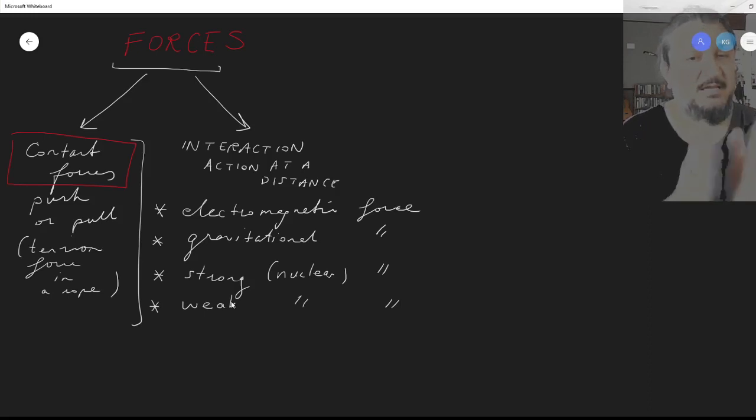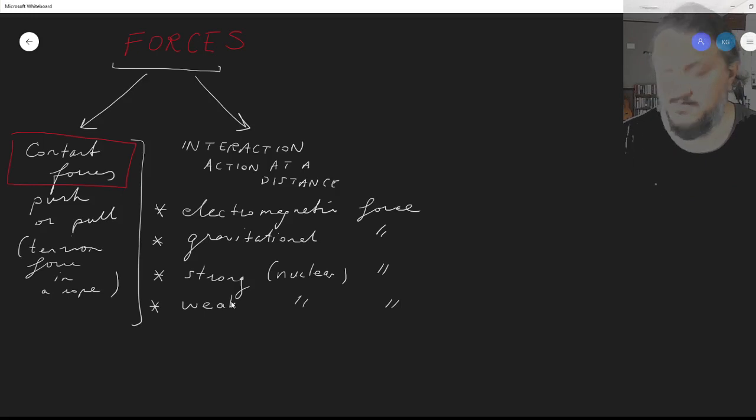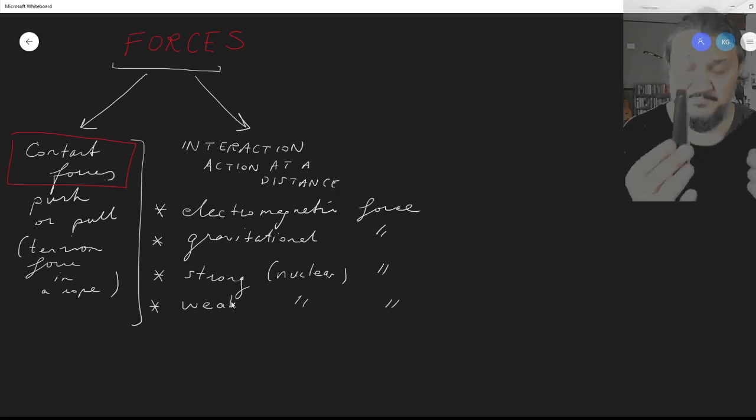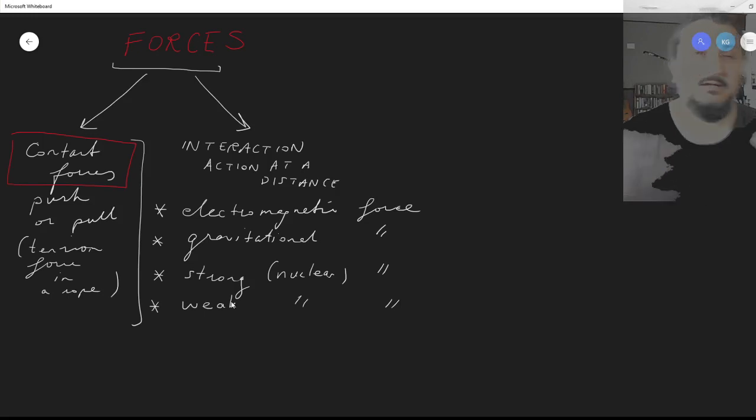Okay? Electromagnetic and gravitational forces in principle act all the way from 0 to infinity. So 2 objects could be this far and they will attract each other, believe it or not, gravitationally. We can't feel it, but it's there. And you take this, take it to the moon, it's going to still attract it.